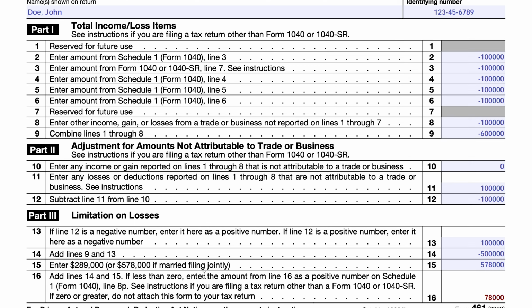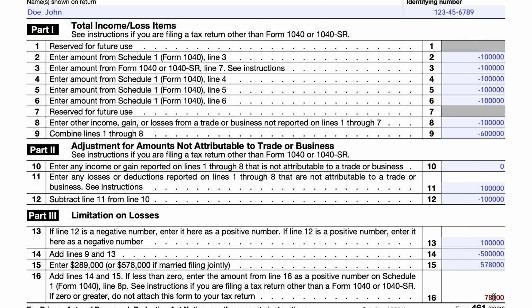So according to this, because this business loss is less than the annual limitation, you don't even need to attach the form to your tax return. So John Doe, as a married filing jointly taxpayer, would not even need to complete this form because all of his losses that are reporting are below the limitation on business losses.